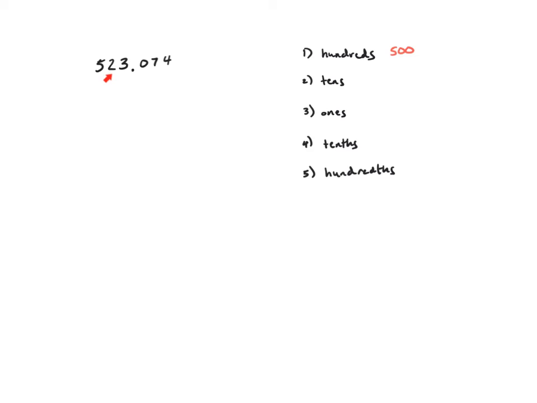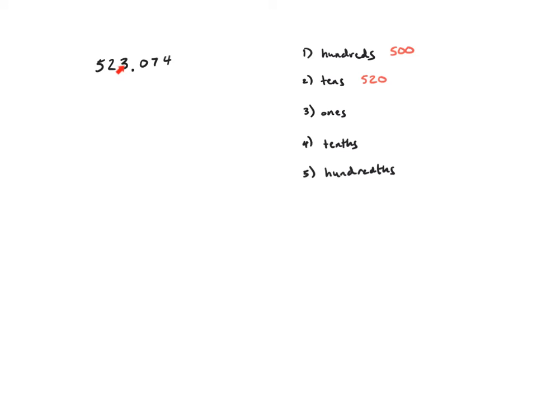Rounding to the nearest 10, the 2 is in the tens place, so I have 52 tens and then part of another 10. So if I look just to the right of the tens place, I have the ones place, and I'm not halfway to the next 10, so I'm going to round all the way down to 52 tens, otherwise known as 520.